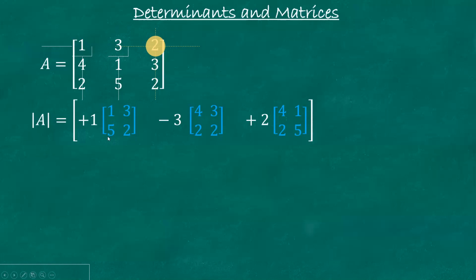Originally minor man ni. Apply na sign chart para mahimo siyang cofactor. Mao na siyang plus, minus, plus. So kung negative ni, mapositive na siya. Default na daan na plus, minus, plus.